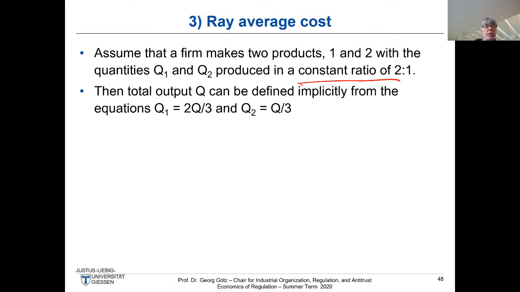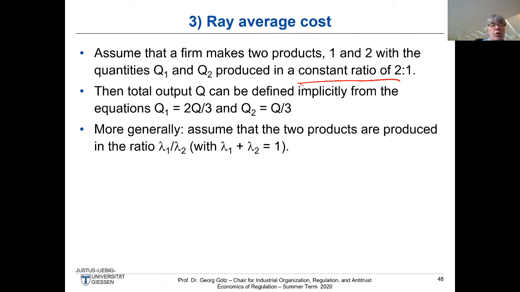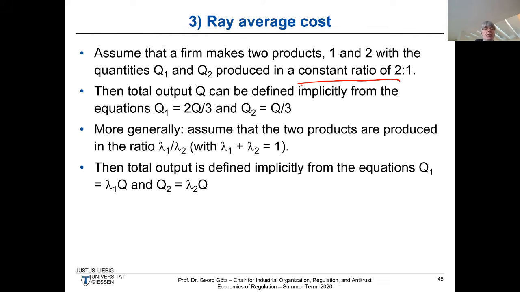If you produce 6 million, you will have 4 million Golfs and 2 million Touaregs. More generally, you could use some ratios lambda 1 and lambda 2, where the sum lambda 1 plus lambda 2 is simply 1. So lambda 1 would here be 2/3, and lambda 2 would be 1/3.